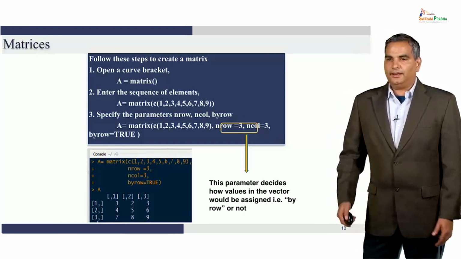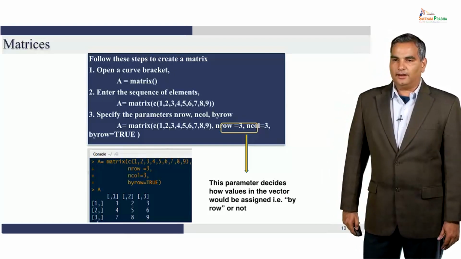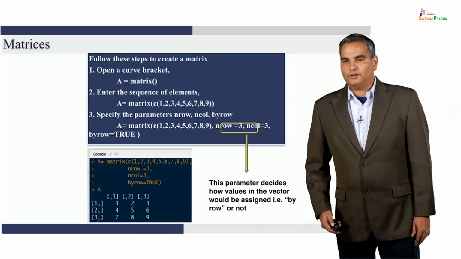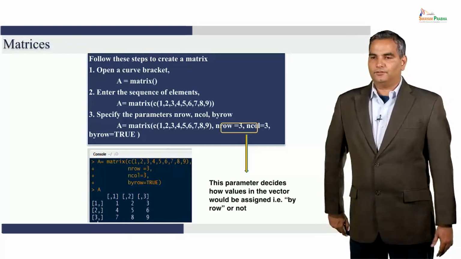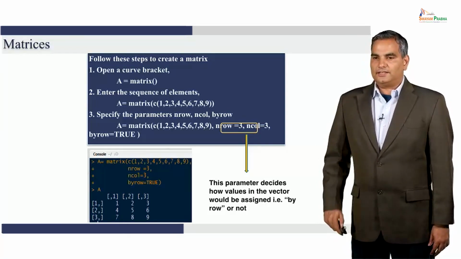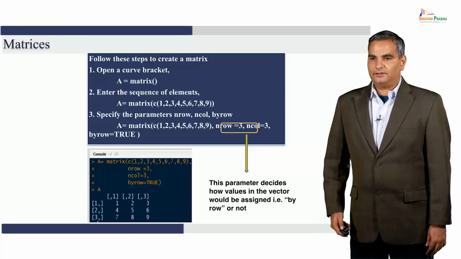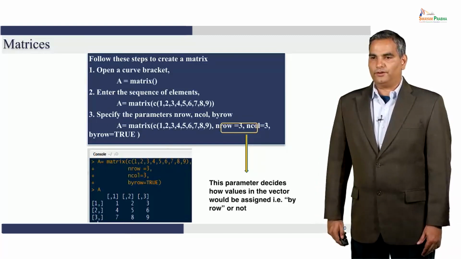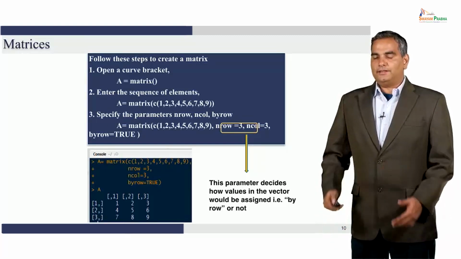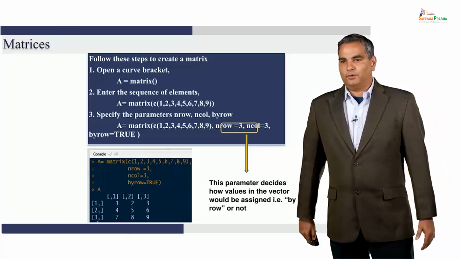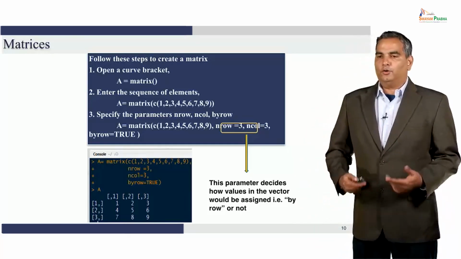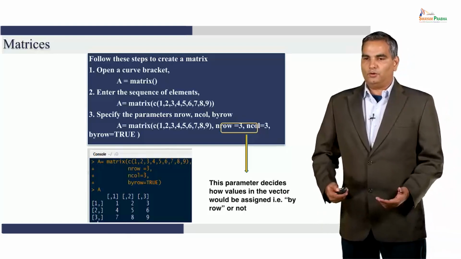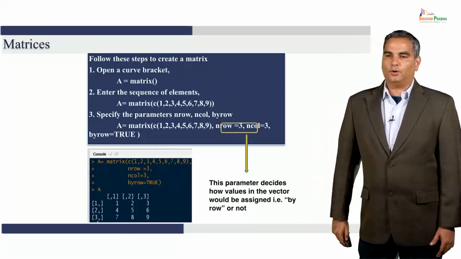Now, to define a matrix in R, what you need to do is give the sequence of numbers that make up the matrix. So in this example, I have A equal to matrix numbers 1, 2, 3, 4, 5, 6, 7, 8, 9. When I see this, I know these numbers are the components in the matrix, but I don't know how to arrange them. So the way you do that is by specifying nrow and ncol.